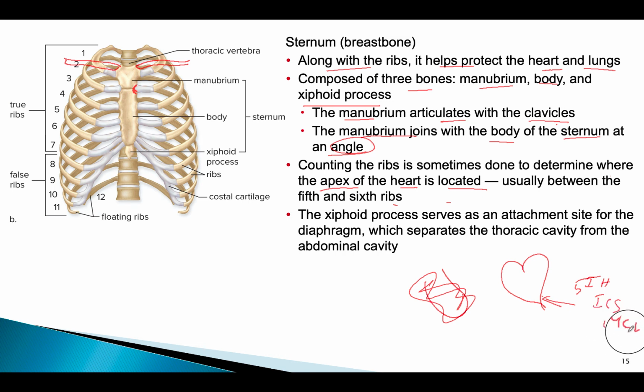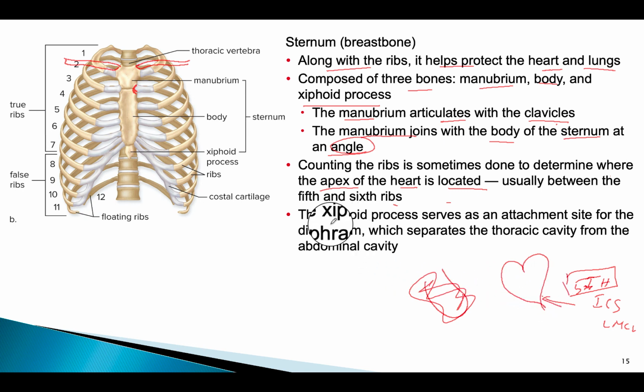Now this is important because when the apex is misplaced or displaced, and it's no longer here, that could be an indication of an enlarged heart. Okay, so that's what we have over there.